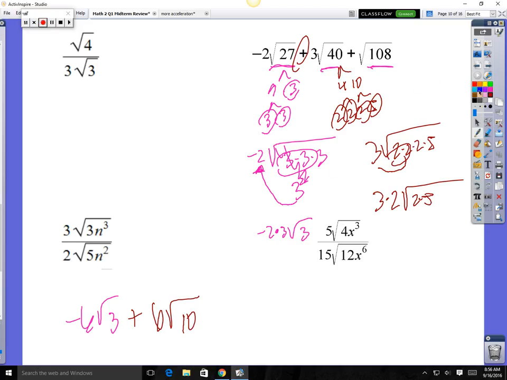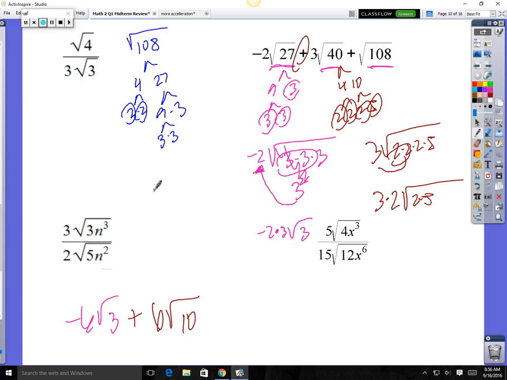Okay, now 108, I've got to move over here. So the square root of 108. If I divide by 4, I get 4 and 27. And 4 is a square. That's 2 times 2. 27 we just did. That was 9 times 3, and that's a square.